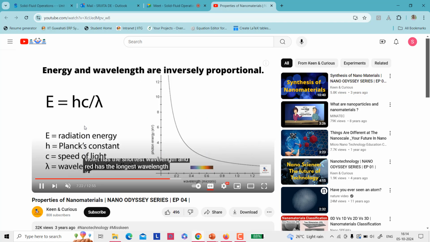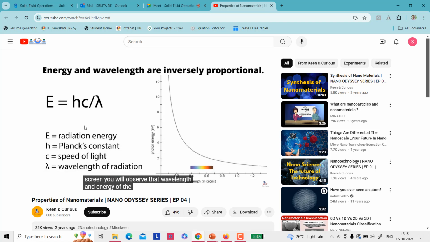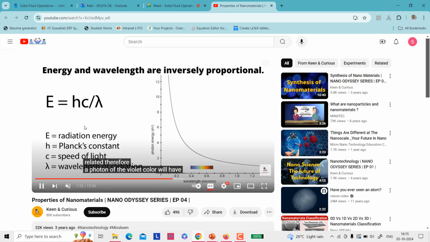One thing we must remember is that the color that we see is the wavelength that an object reflects. So this is very common, right? That is also why the sky is blue.